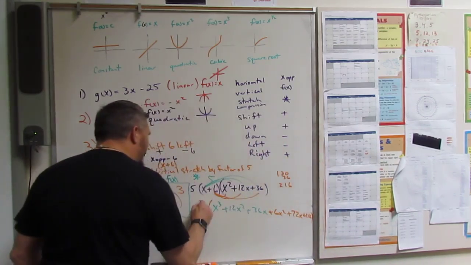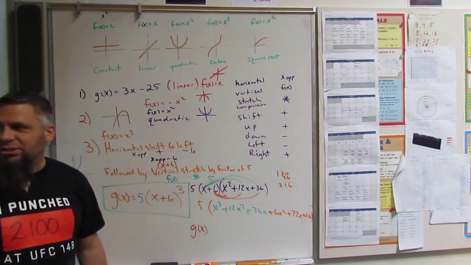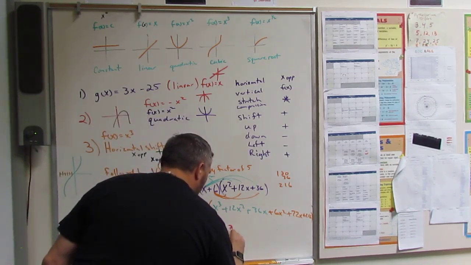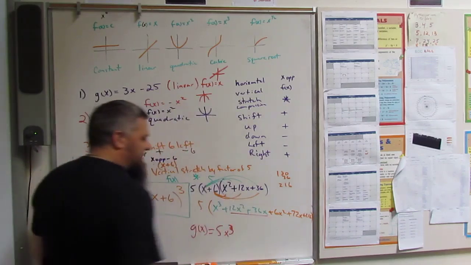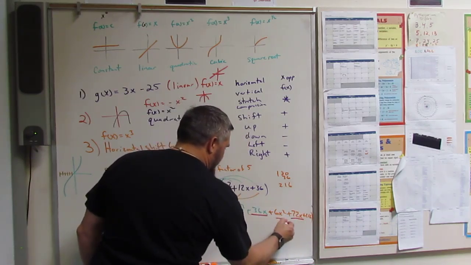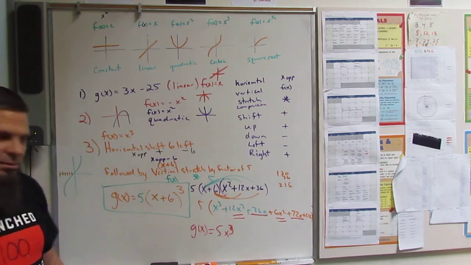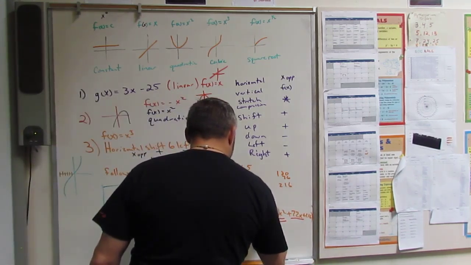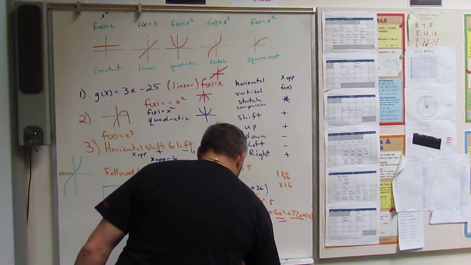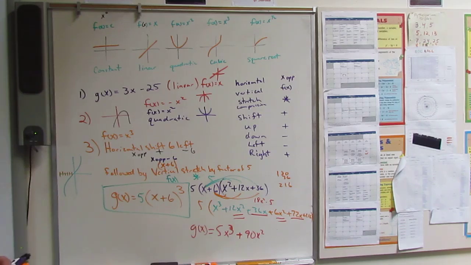All multiplied by 5. So g of x would actually equal 5x cubed. Then I actually add these two up. No, I can't add those two up. Sorry about that. Add these two up and add these two up. So it's actually 6 and 12 is 18 times 5. So now I have 18x squared times 5, which is 50 plus 40, so that gives me 90. So plus 90x squared. And then I'm going to change color.